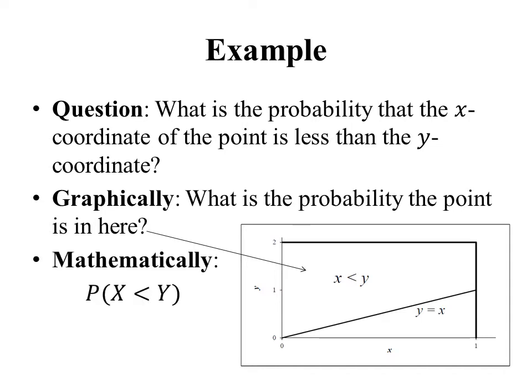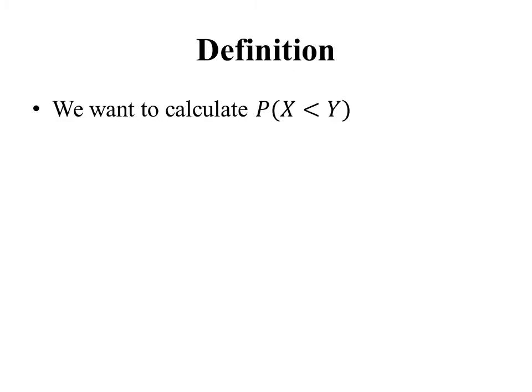So in mathematical terms, using our random variables x and y, we want to ask, what's the probability that a random variable x is less than the random variable y? So here we've got a probability involving both these random variables x and y. So we want to calculate this probability that x is less than y, which is again a probability involving both of our random variables x and y.